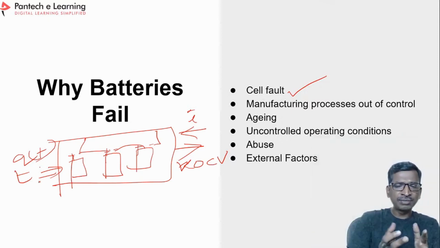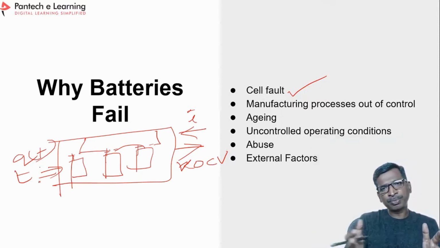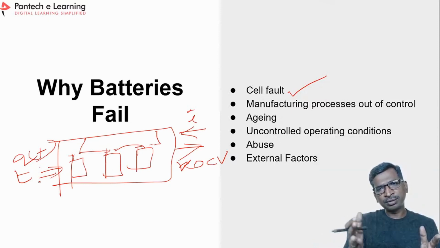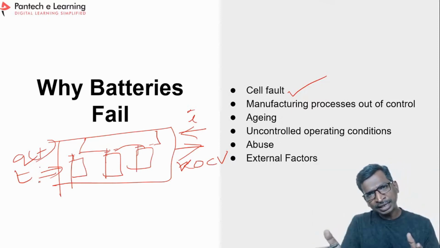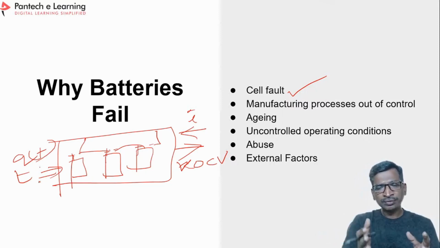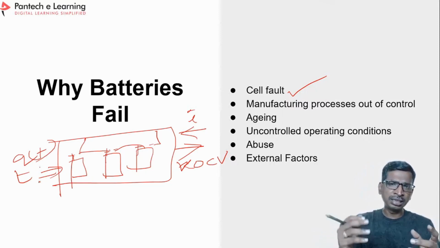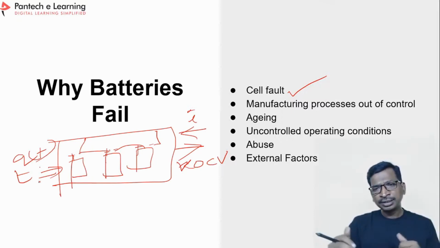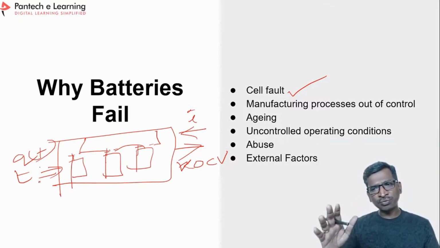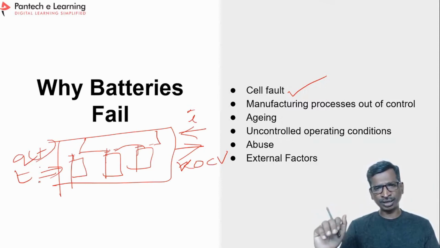If there are a number of stages, like 5, and they followed 3 and then the remaining 2 processes are taking too much time, or there is material of improper quality, then the manufacturing process out of control is another cause for battery failure.